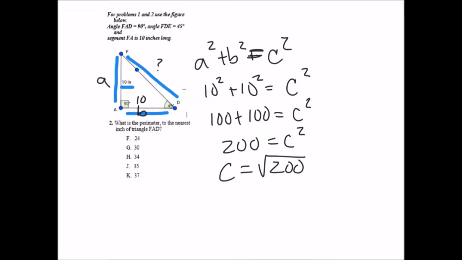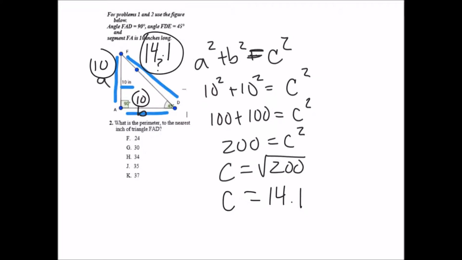Using your calculator, you would find that c equals about 14.1. So if you add 14.1, which is the measure of this side here, to the measure of this side of 10 and this side of 10, you get 34.1 roughly, or H, 34.